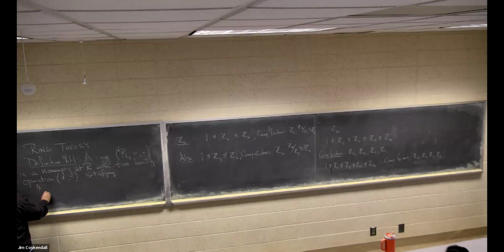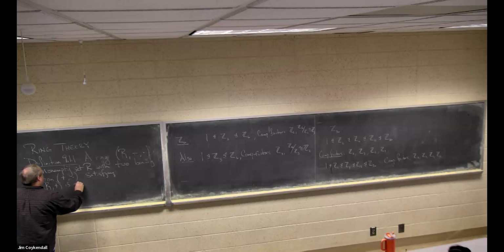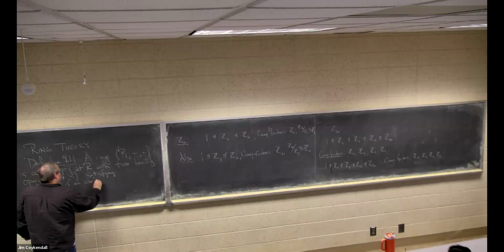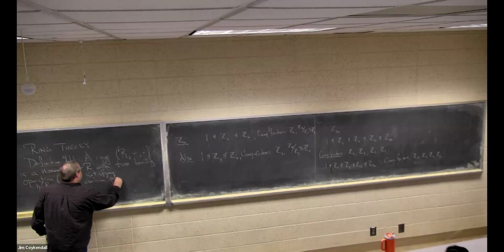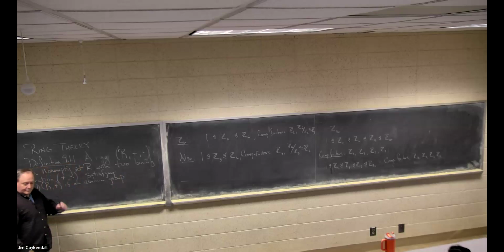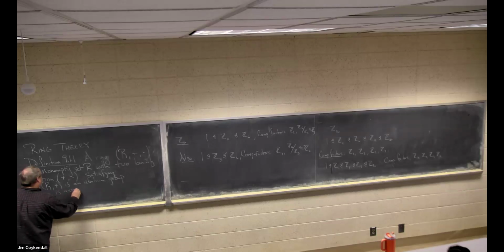Number one, (R, +) is an abelian group. Two, multiplication is associative.